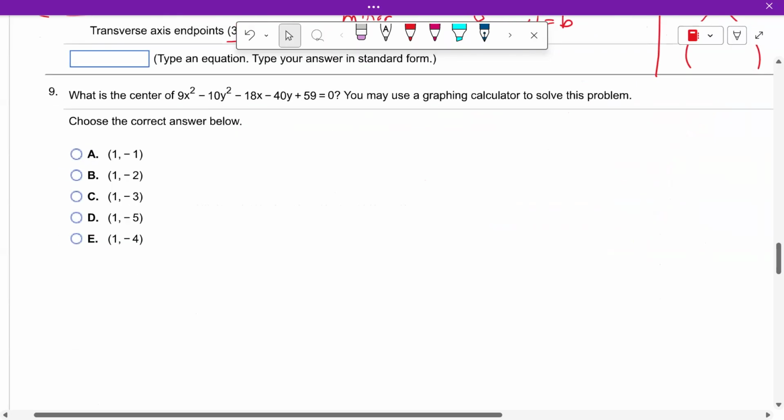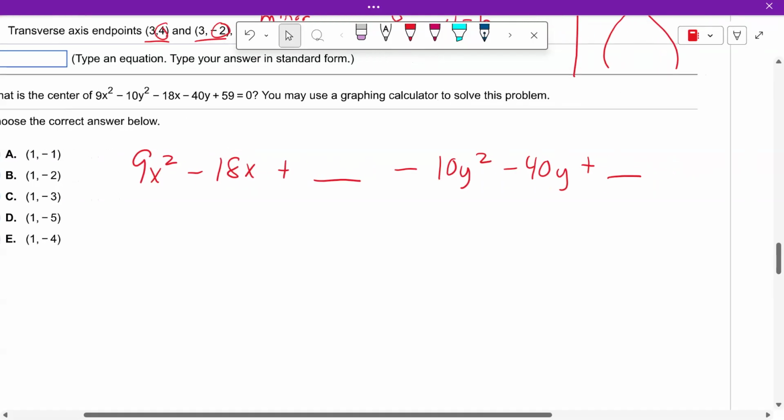So 9x squared minus 18x plus blank, plus or minus, and then it's 10y squared minus 40y plus blank equals negative 59. Okay, completing the square.